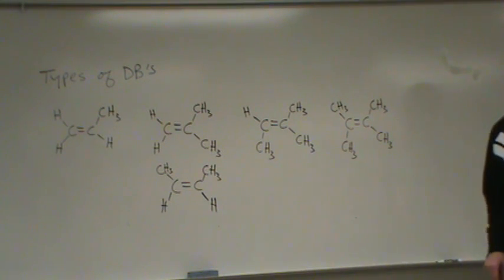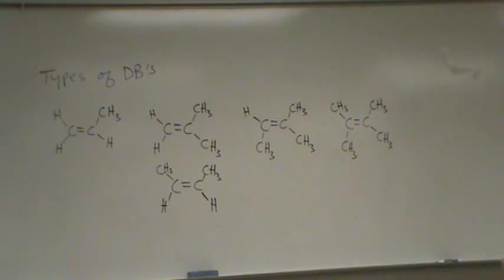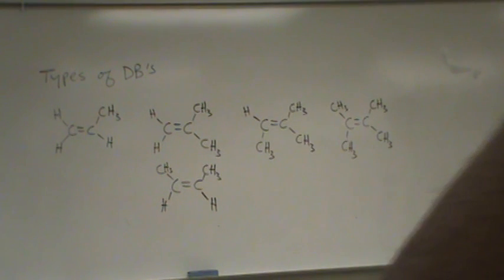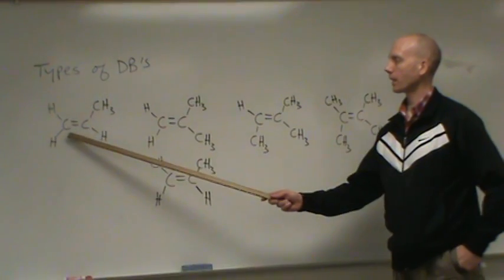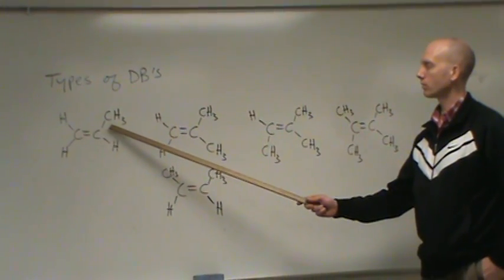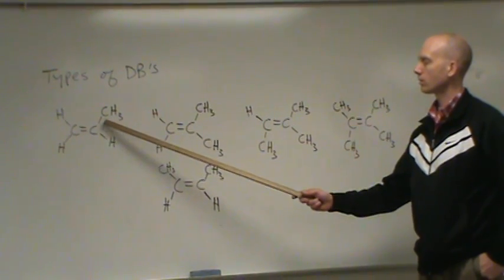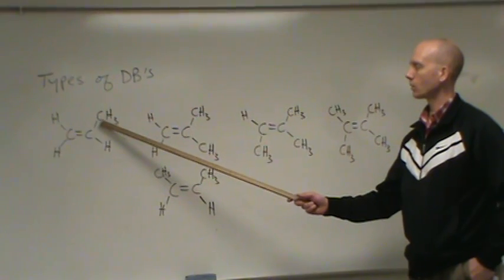Carbons on there. Let's look at this one here. How many carbons are on this double bond? 3. How many carbons are on this double bond? One.